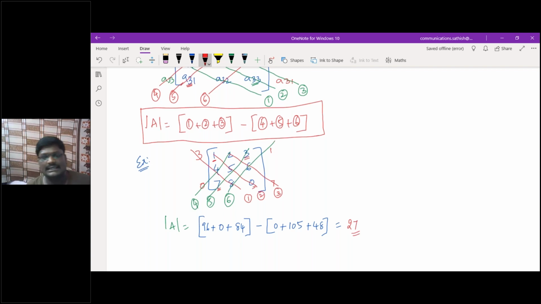Yeah, 27. See, no need to write always. For understanding purposes, I wrote the elements outside. Once you properly understand this method, there is no need to write the elements outside. Directly you can multiply. See, this 150, that you know, then this 2 6 represents.